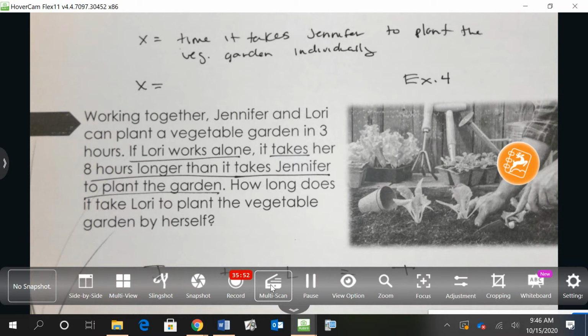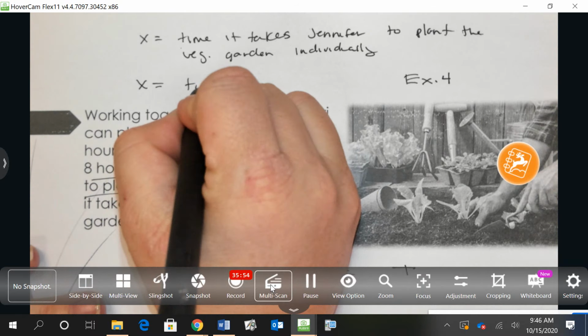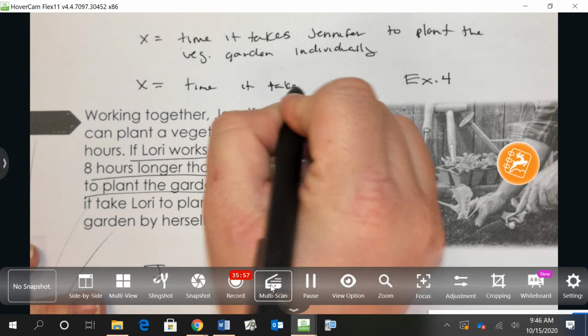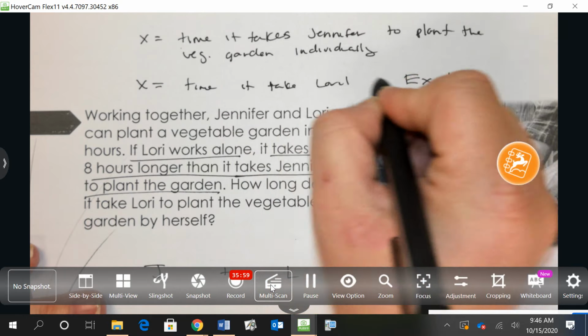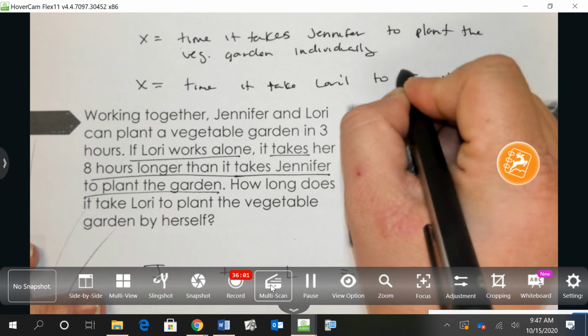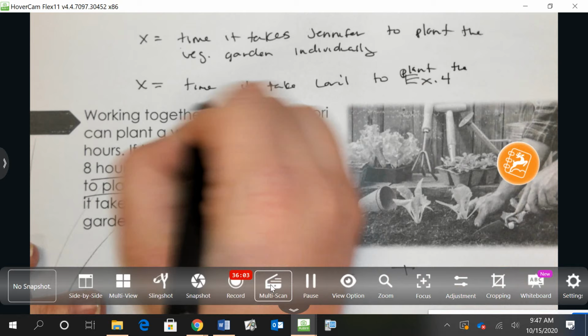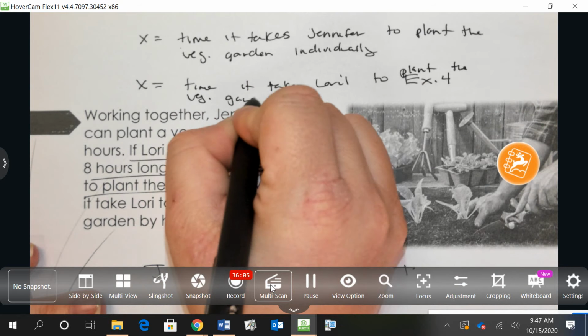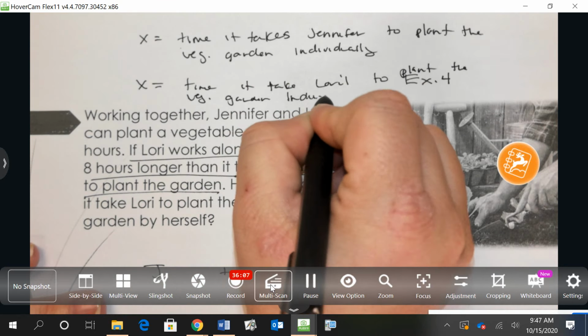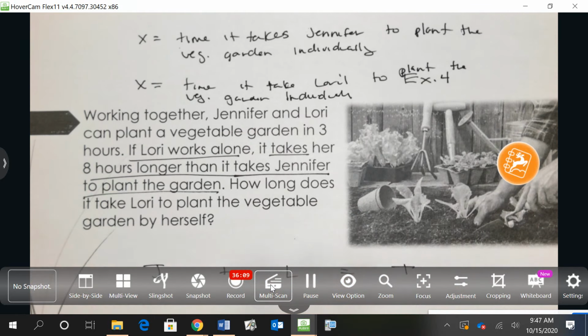And then I'm going to write x for the time it takes, and I'm going to adjust that. Lori to plant the vegetable garden individually.